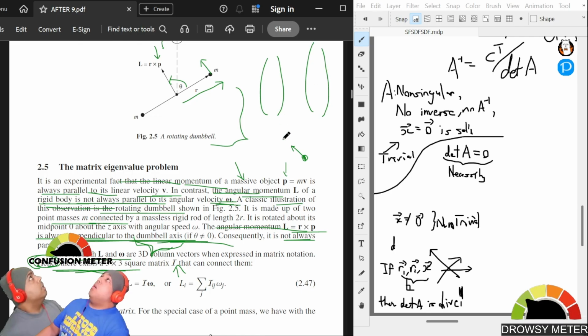So if two column vectors exist, there must be a matrix connecting them. That's just a fact about matrices. Let me Google that.